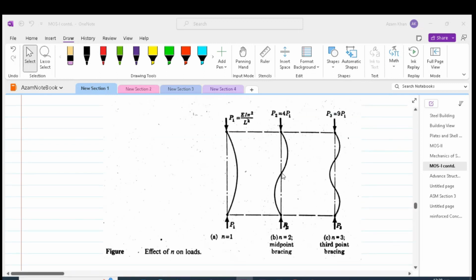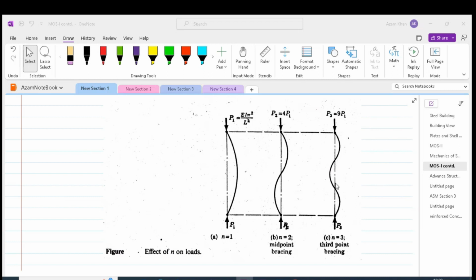However, if the column is restrained in the middle, then n will be equal to 1 and the effective length will be equal to half the height of the column.